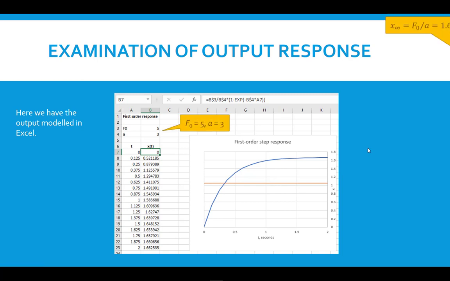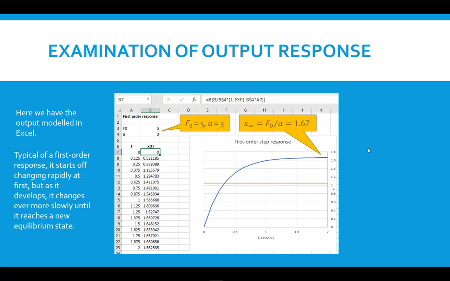Okay, now I've already described these things, 1.67, all of these things. So sorry about that, it's not so coordinated. What happens here also that's worth noting for a first order response is that it starts off with a rapid increase, but as time goes on, the slope of this curve gets less and less and less until it finally flattens out to have a slope of 0 in the steady state.